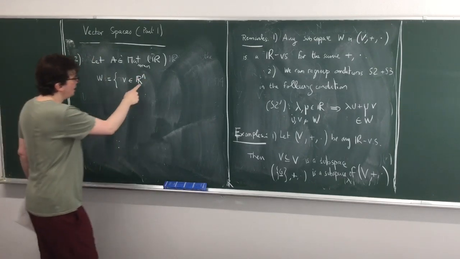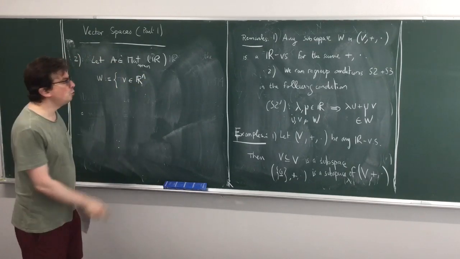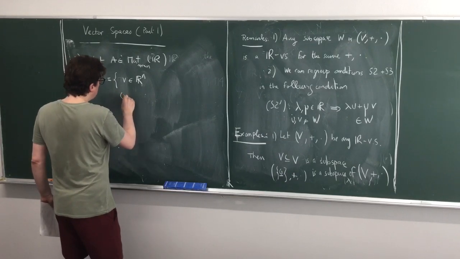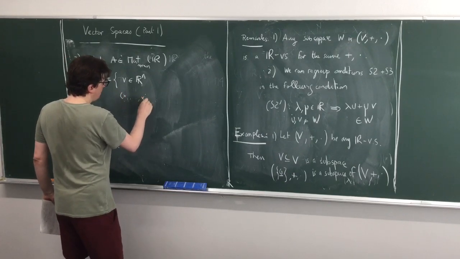So R^n, you remember, is a set of n-tuples, so we can denote this like this, x1 to xn, like an n-tuple.